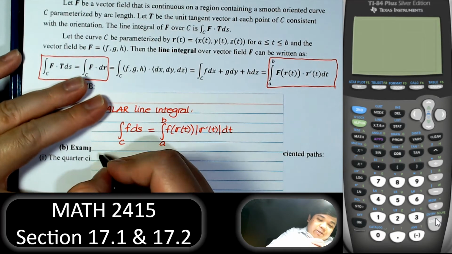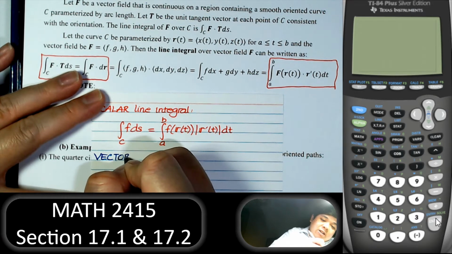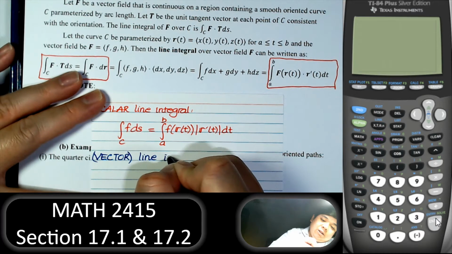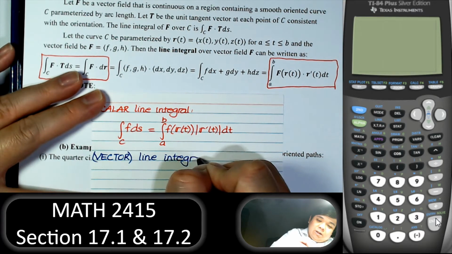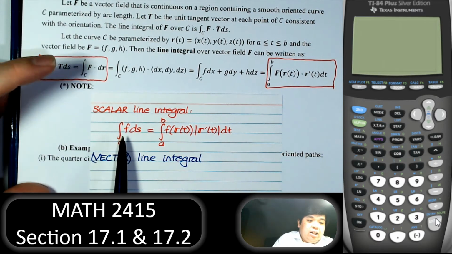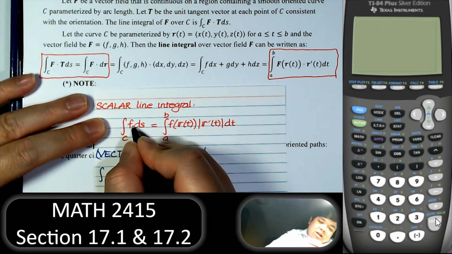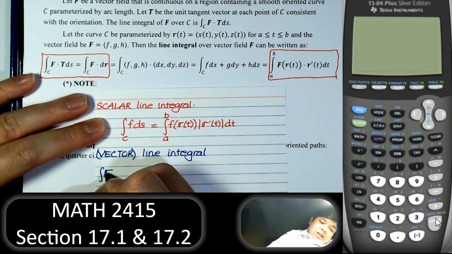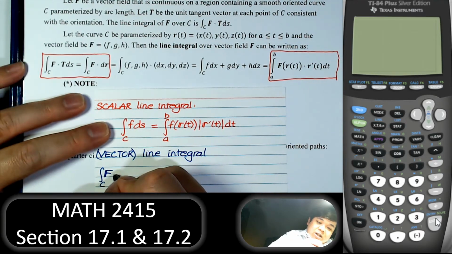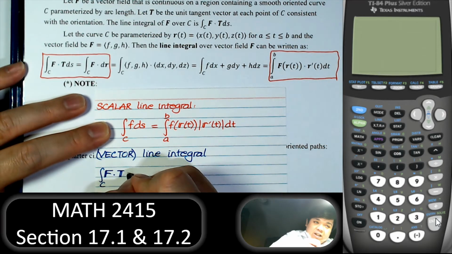Now we have the vector form, or we just say the vector line integral. Once again, instead of this form I can write that form, it doesn't matter. But instead of f, it's going to be the vector field F. Instead of ds, we have to write the unit tangent vector T ds.